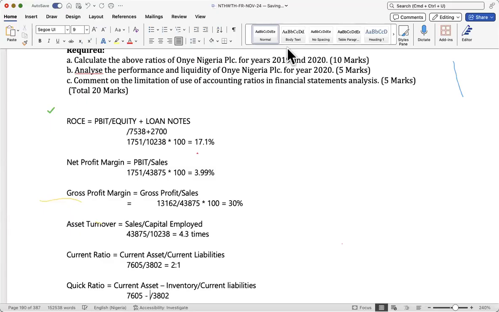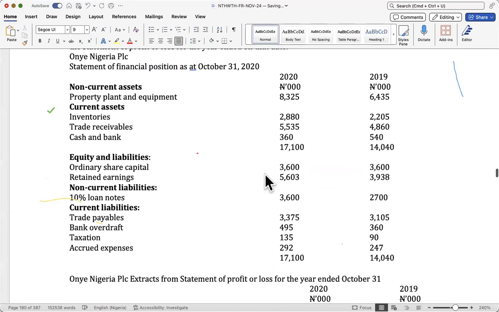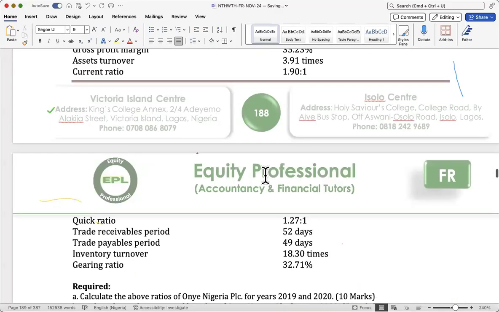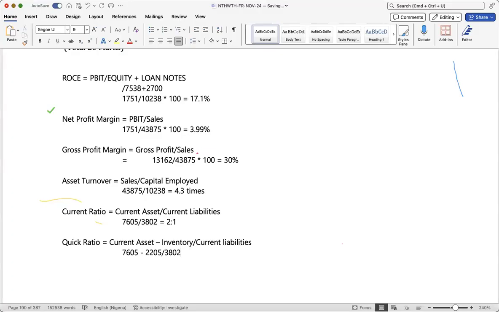So what's my inventory? 2205. Okay, so just give me the final answer. 1.4 to 1.